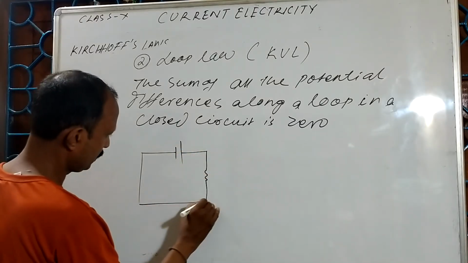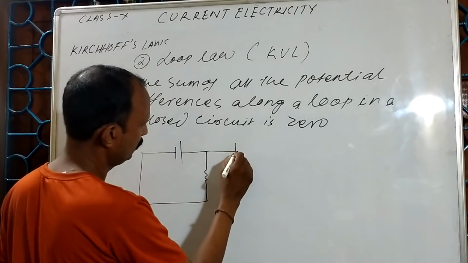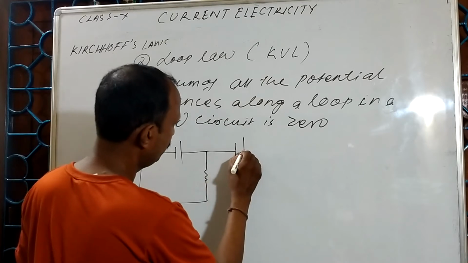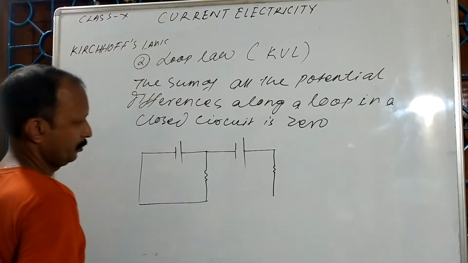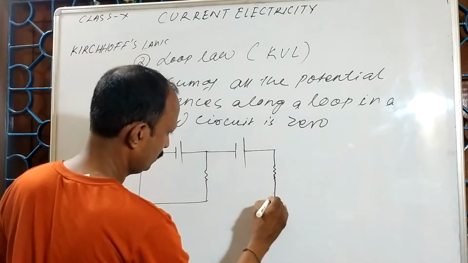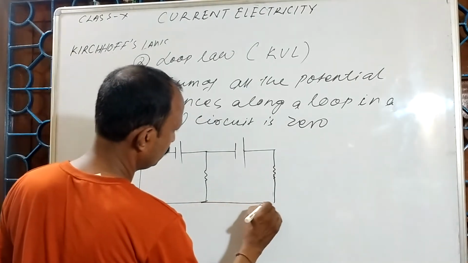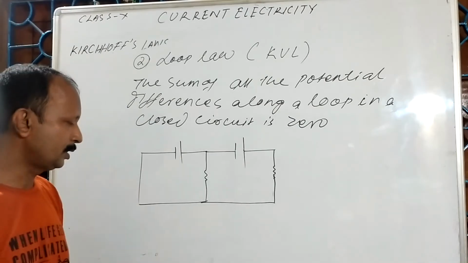This is the first case I took. Suppose in this case one more cell is connected. This is the resistor.